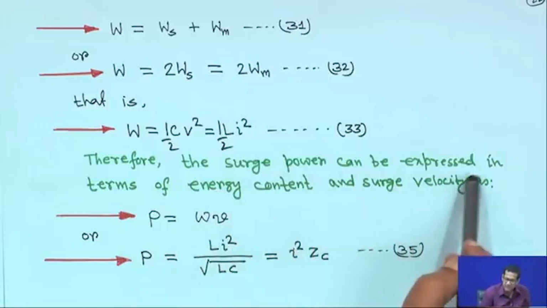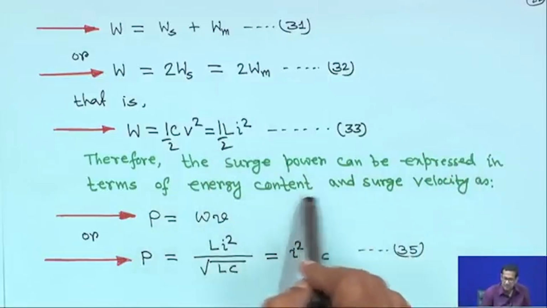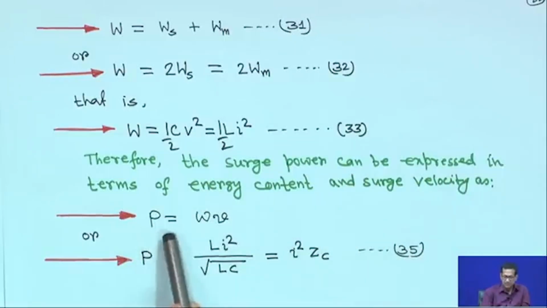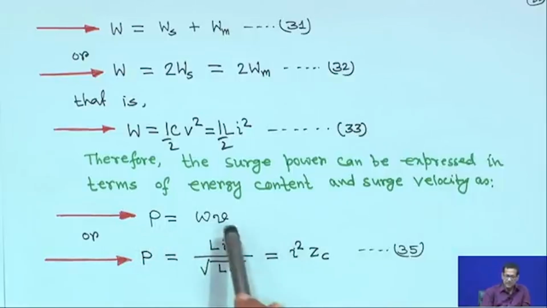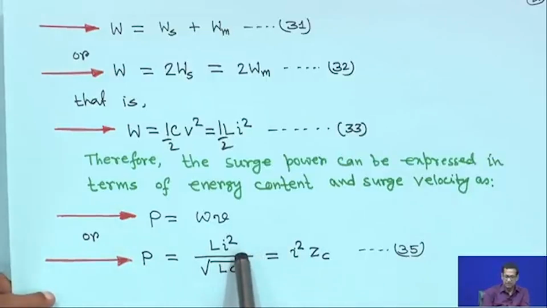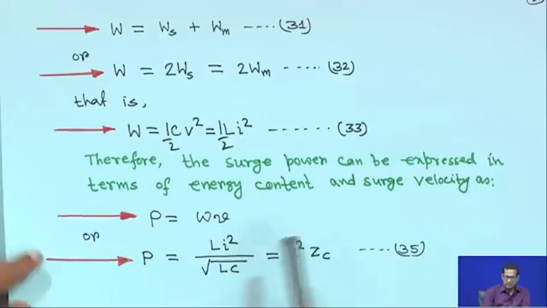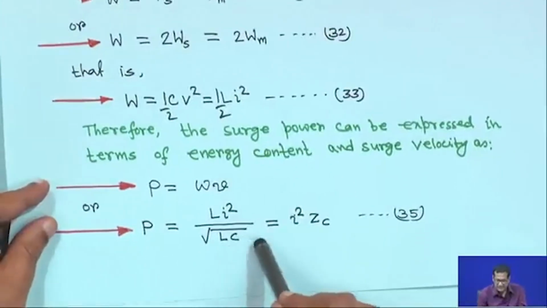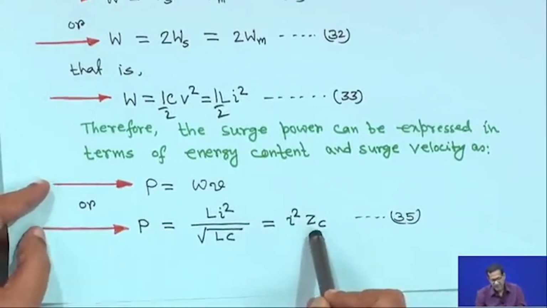Therefore, the surge power can be expressed in terms of energy content and surge velocity. That means surge power P = W into v, that is P = L i square by root over LC, which is equal to I square Zc.